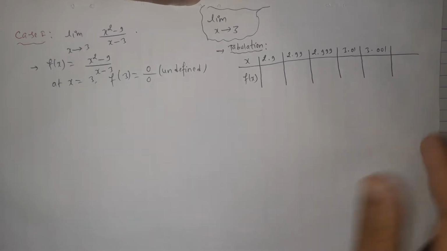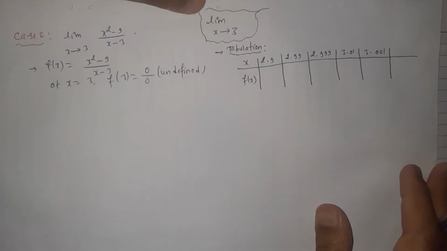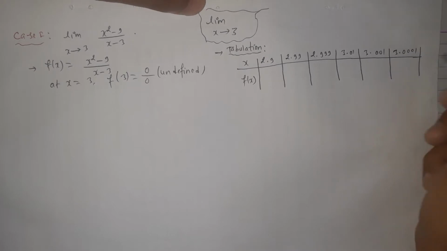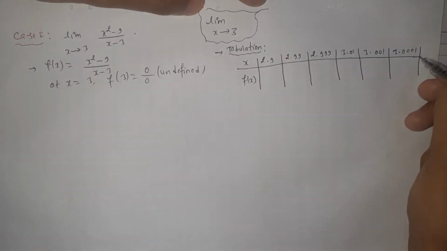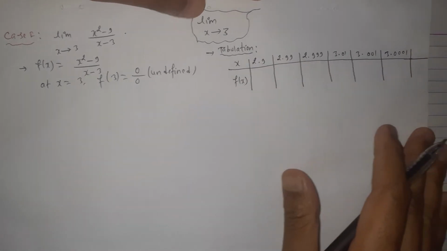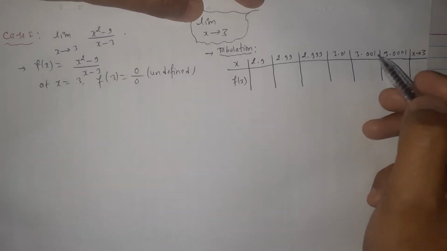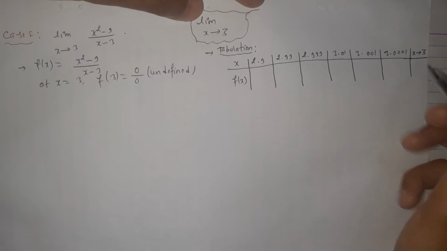These are values very close to 3 from the right hand side. 3.0001. Here we take the values of x very close to 3.